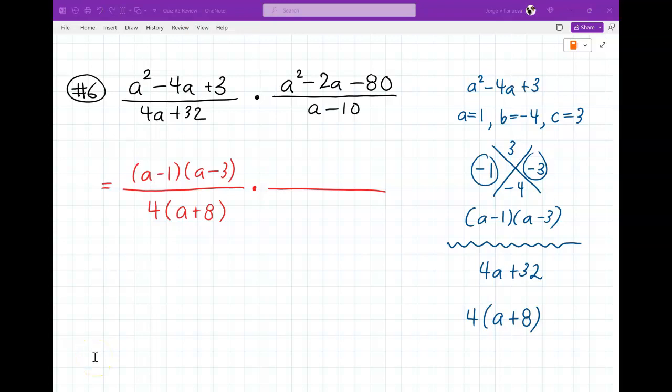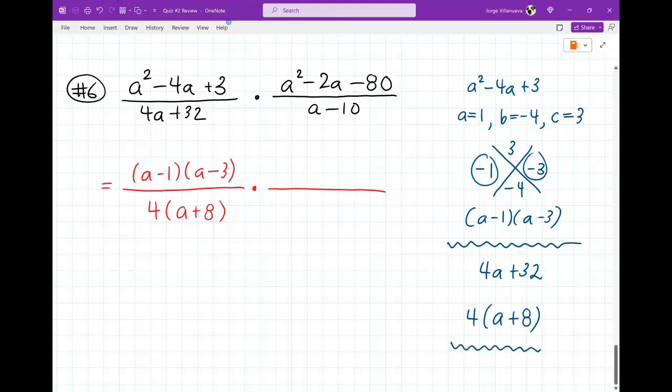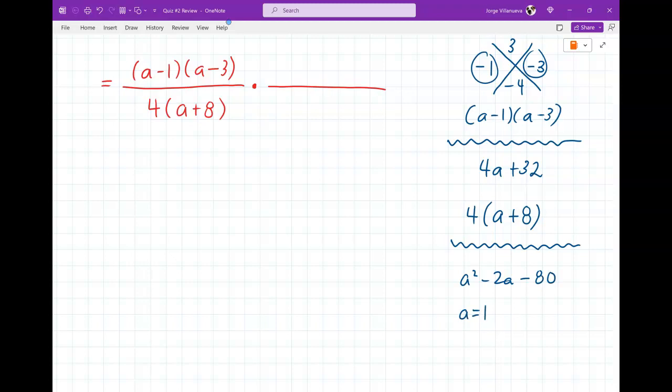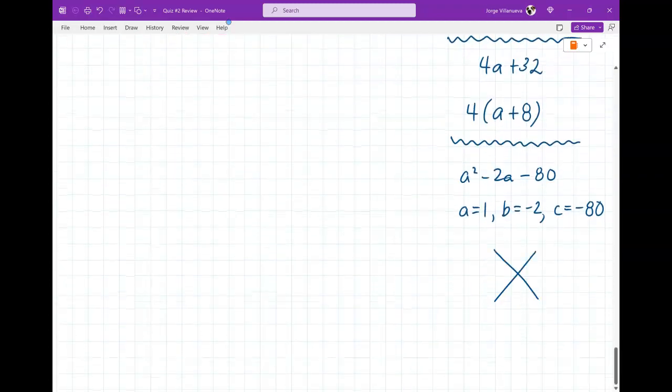All right. So I have a squared minus 2a minus 80, where A is 1, B is negative 2, C is negative 80. If I multiply A times C, that's negative 80, and B is negative 2.